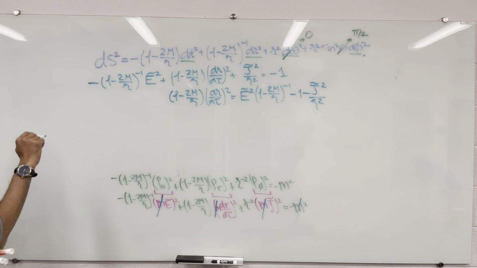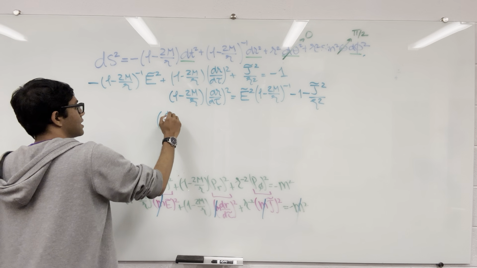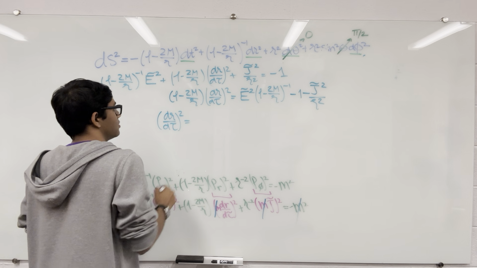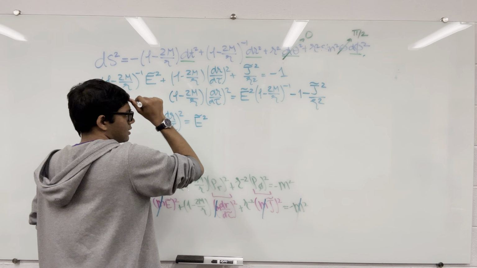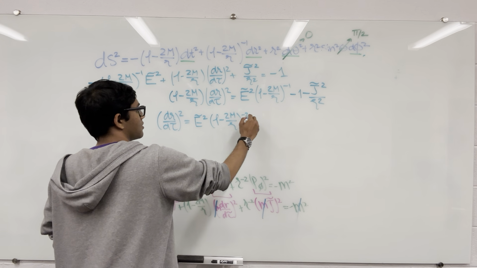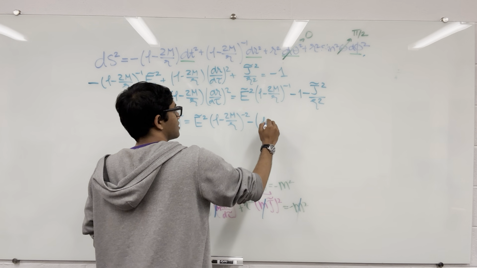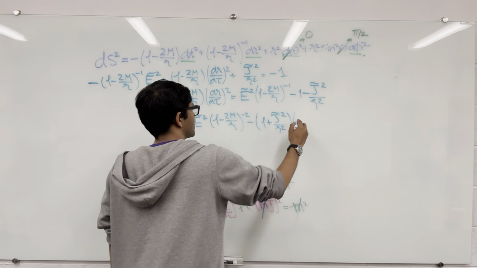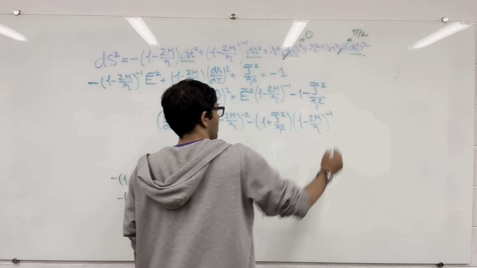Now if I divide by 1 minus 2m over r on both sides, I get dr d tau squared is equal to E tilde squared times 1 minus 2m over r to the minus 2, and then minus 1 plus j tilde squared over r squared times 1 minus 2m over r to the minus 1.